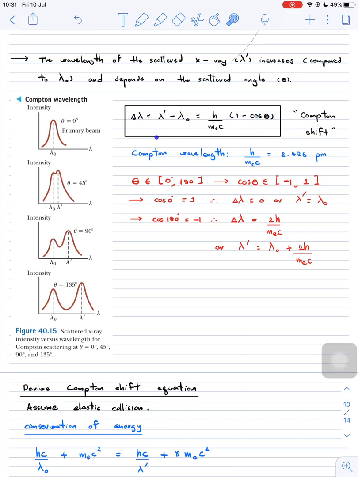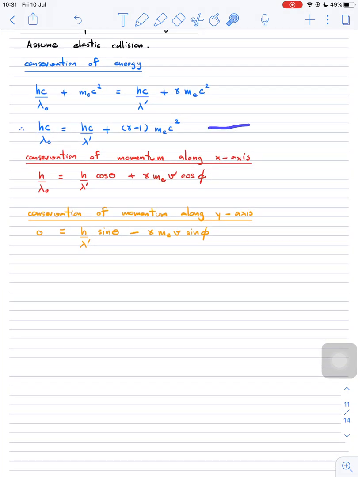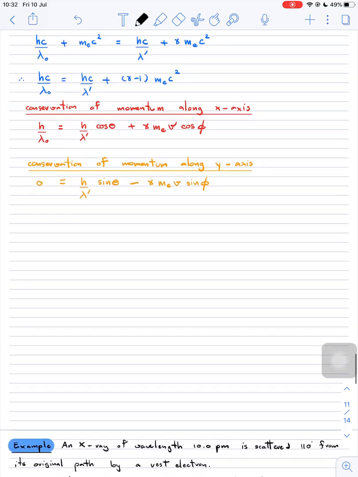So we have lambda prime as a function of theta. In these three equations, we have lambda prime, theta, v, and phi, which means that we need to get rid of v and phi.